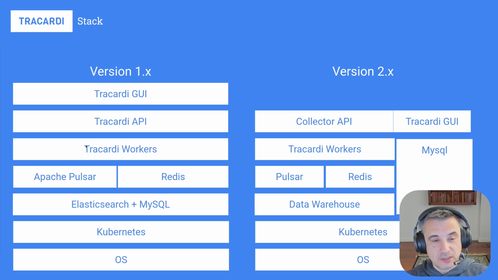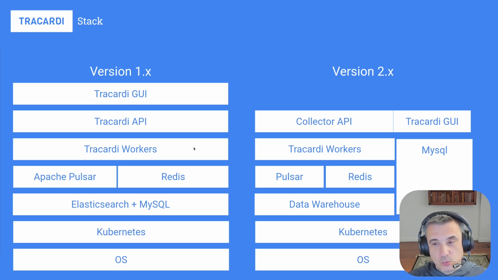On top of this, we have workers that use Apache Pulsar to distribute the load, and they also use Redis to access MySQL, so we don't stress MySQL very frequently. And then on top of this, we have the Tracardi API, which is a collector, and the Tracardi graphical user interface that uses this API to access the system.